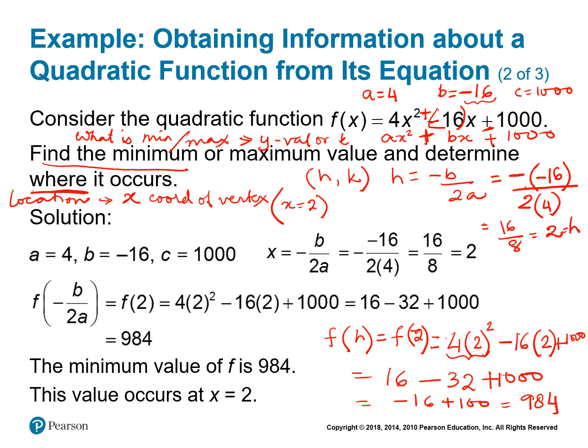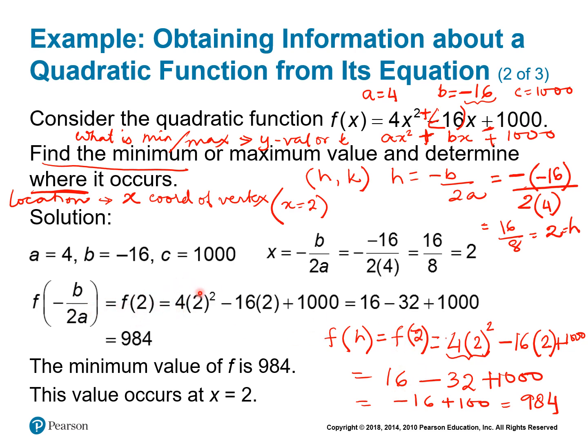So let's see how they have solved it on the slide. They have first specified the values of a, b, and c. They got the value of b as negative 16, and then to find the k value, they plugged it in f of 2, just like we did here.